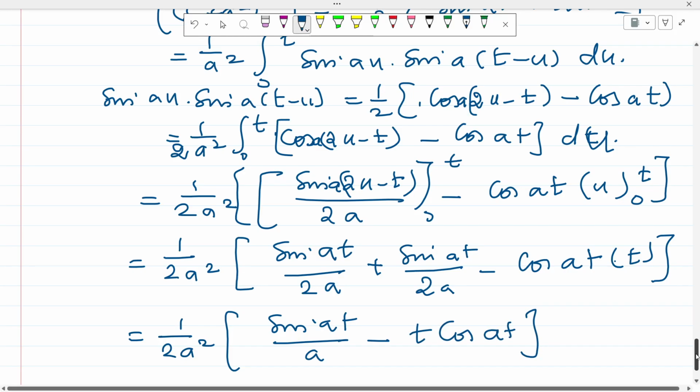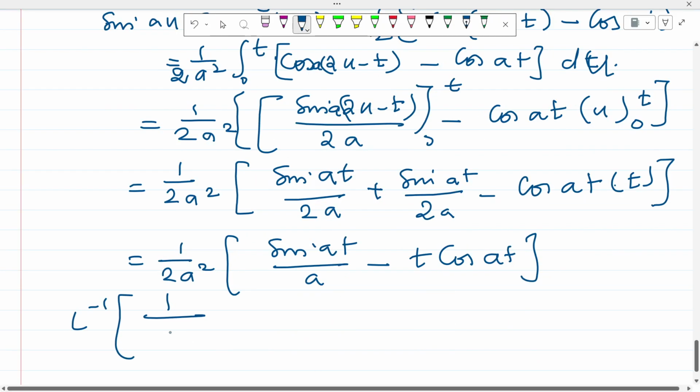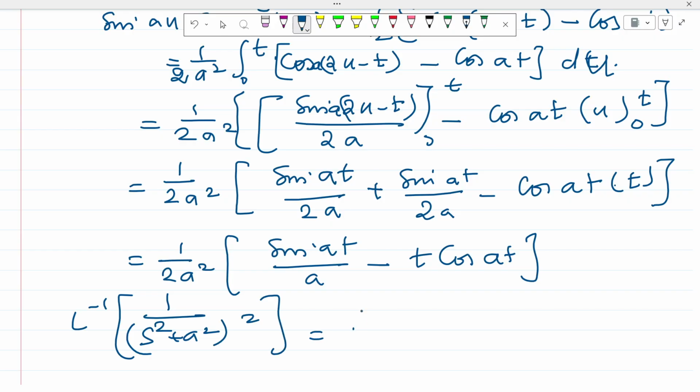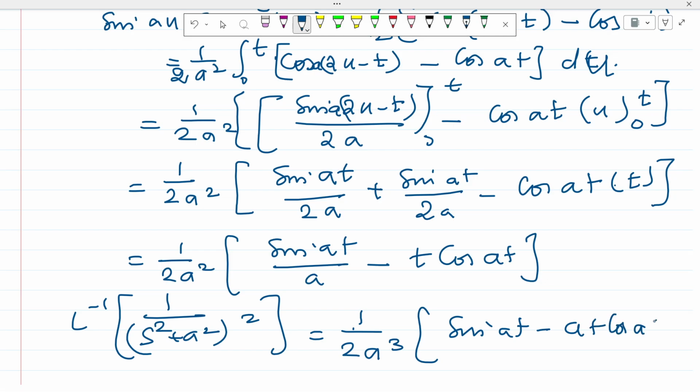Okay, so the final answer is Laplace inverse of 1 by s square plus a square whole square equal to 1 by 2a cube, sin at minus at cos at.